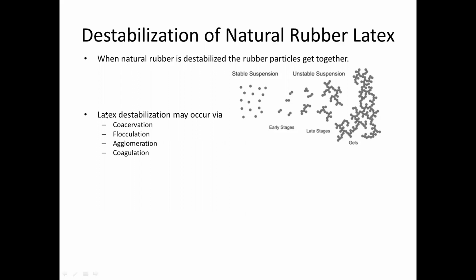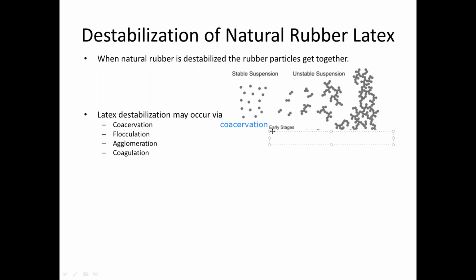There are 4 stages of latex destabilization. First one is conservation. Second stage is flocculation. Third one is agglomeration. Fourth one is coagulation. So we could see the first stage, something like this. This is conservation. Something like this.